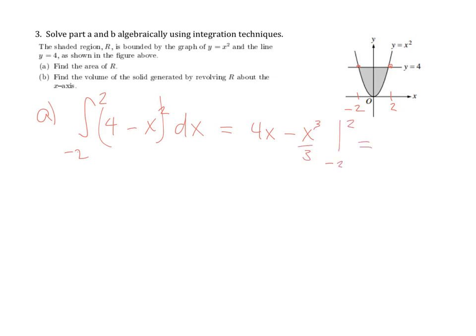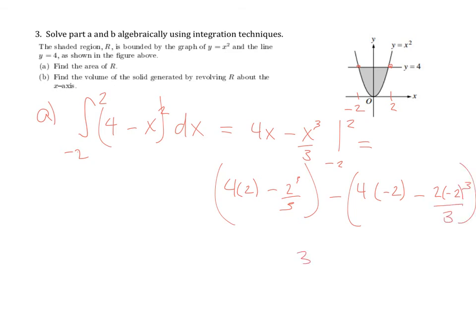And when you end up solving that out by hand by doing upper minus lower, you end up getting an answer of 32 over 3.